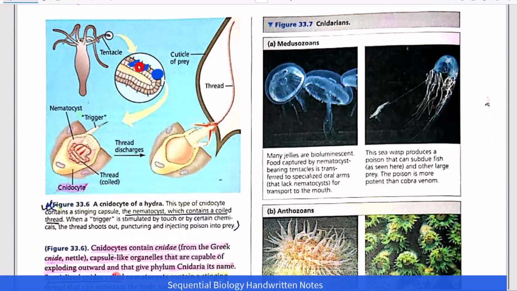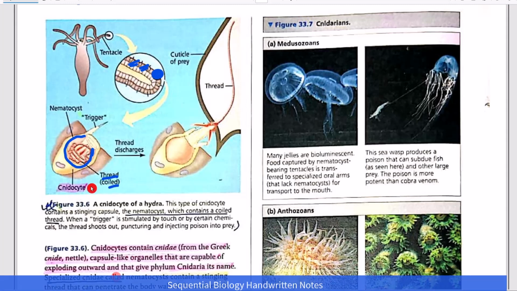To discuss phylum Cnidaria, you should have a clear concept of the structure of this cnidoblast cell, which is a characteristic of this phylum. This type of cnidocyte contains a stinging capsule called the nematocyst. The whole cell is the nematoblast or cnidoblast cell, and in this cell a stinging capsule is present, which is known as the nematocyst. The nematocyst is a capsular structure, and this capsule contains a coiled thread.